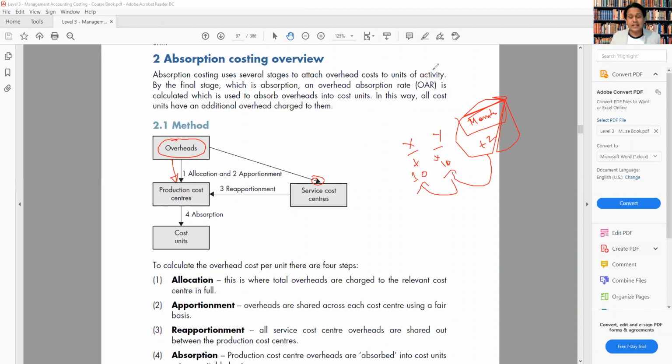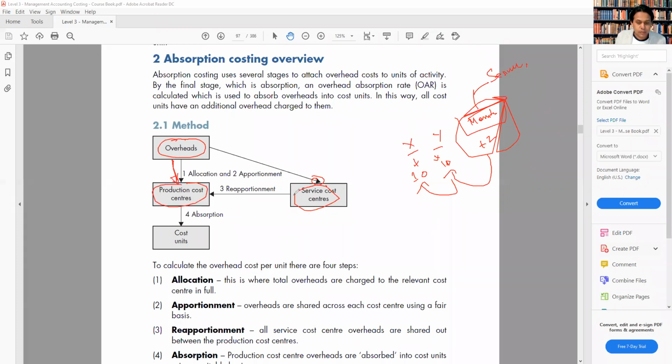Basically, any service department cost, like maintenance, store or canteen, we later have to transfer to the production department. So we can see here the overhead that we can allocate directly. The next one is the service department cost, which we reapportion again to the production cost center.